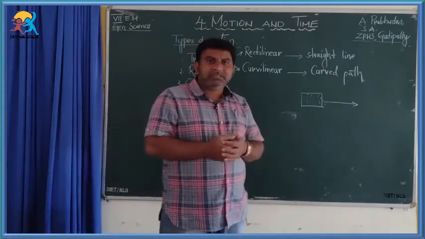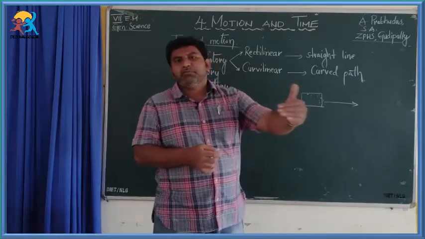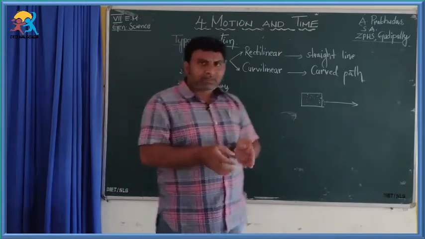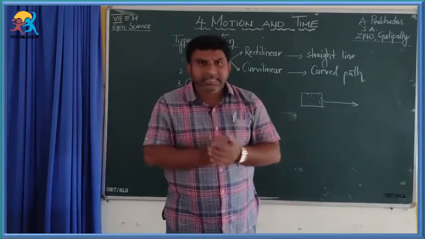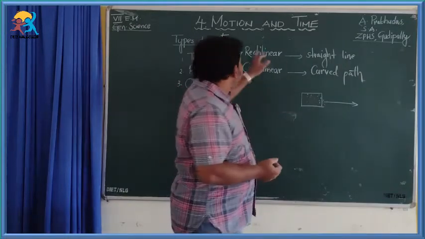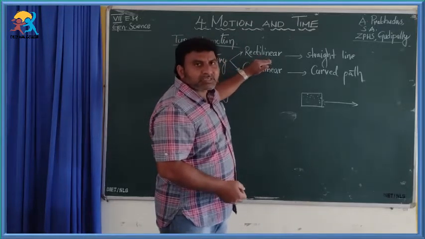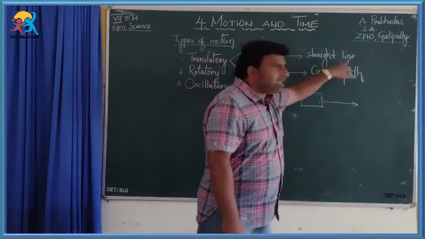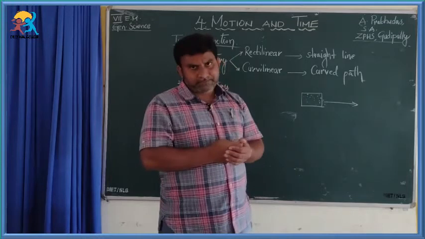So, in our day to day lives, we see many objects moving in straight lines and many objects move along curved paths. For example, when a road is straight, the vehicle moves along the straight road. Then the vehicle has translatory motion. What type of translatory motion? Rectilinear motion, because the vehicle or the moving object is going along a straight line or a straight path.